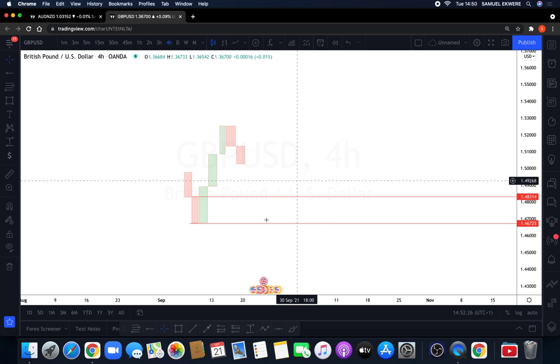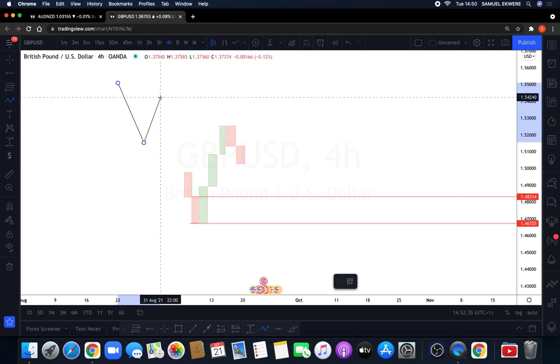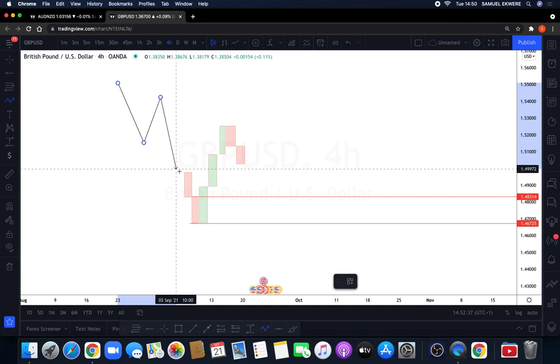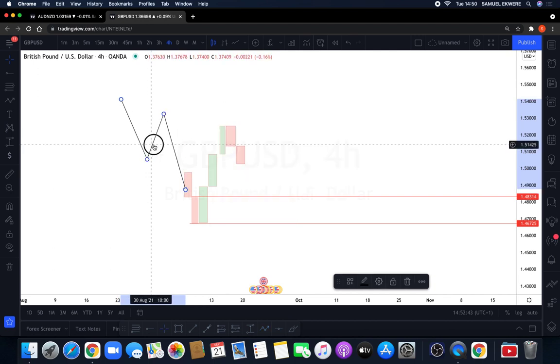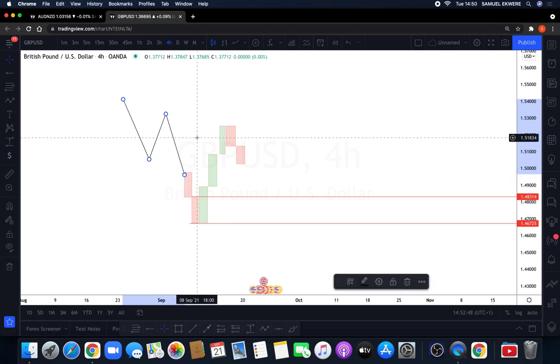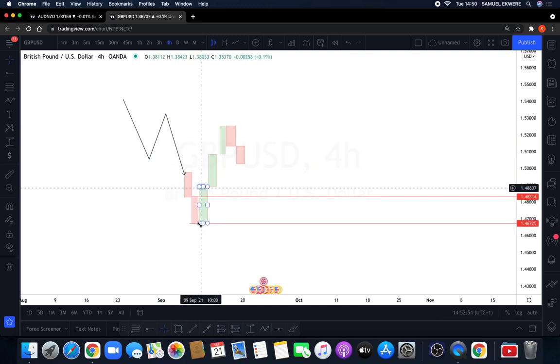If we were having this kind of trend, with the swing low, swing high, and then another swing low here, here's the last swing low.